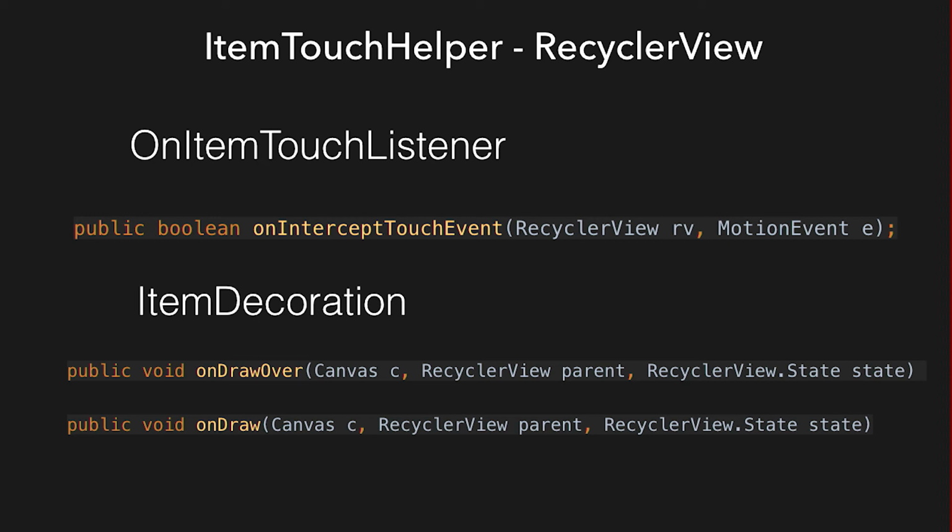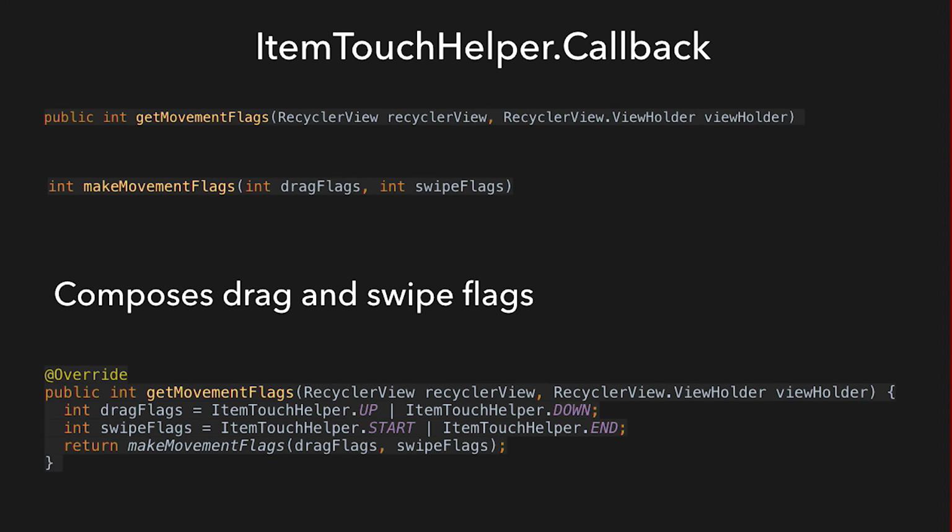So again, we have this pattern where the main API you implement and interact with is called the ItemTouchHelper callback. So we can compose these drag and swipe flags, make use of makeMovementFlags. It's a convenience method for telling the callback which flags you support, for dragging and dropping or swiping left or right.